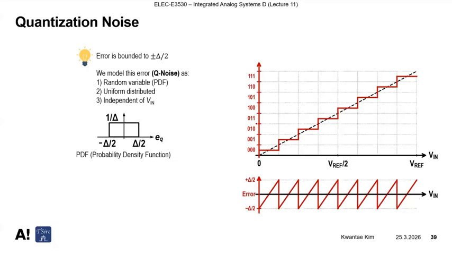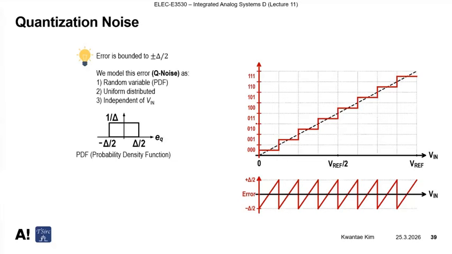And we model this quantization error as independent of input voltage, or there can be input current, there can be input capacitance. So let's say in generic analog value, we call it input voltage. Actually, this is not strictly true, because our quantization noise is somehow related to input voltage.